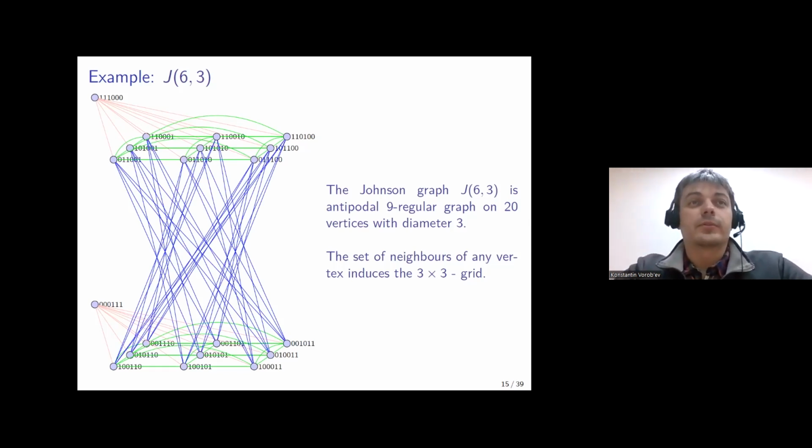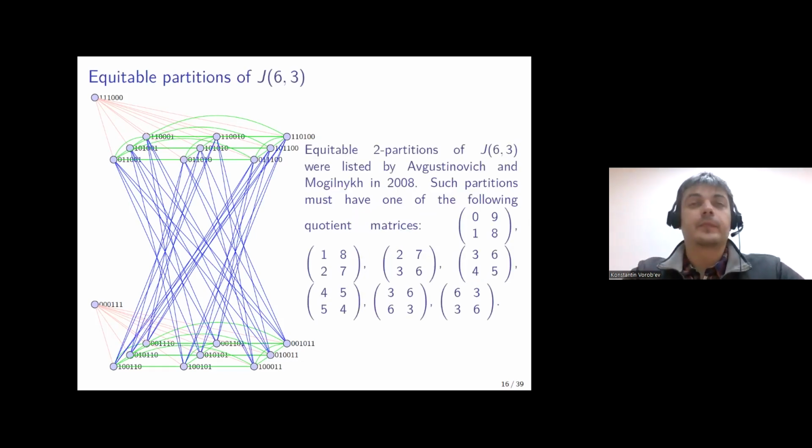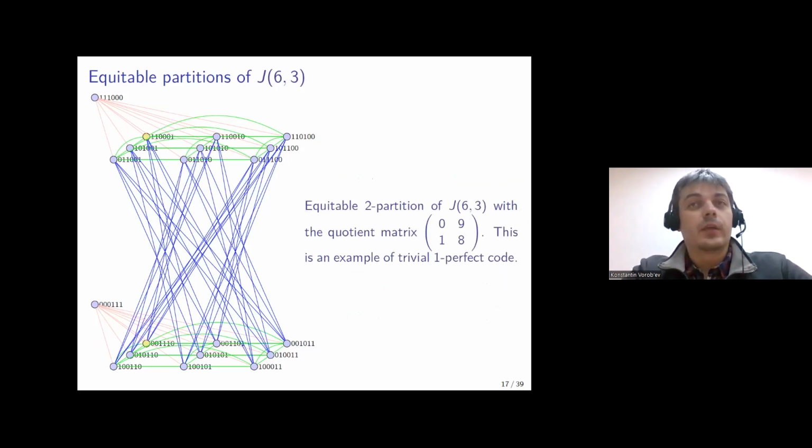So what is known about equitable two-partitions of this graph? All these partitions were listed by Avgustinovich and Mogilnykh in 2008. They showed that such partitions must have one of the following quotient matrices. Here you see the list, 7 matrices. The easiest one is a pair of antipodal vertices, so a pair of vertices at Hamming distance 6.